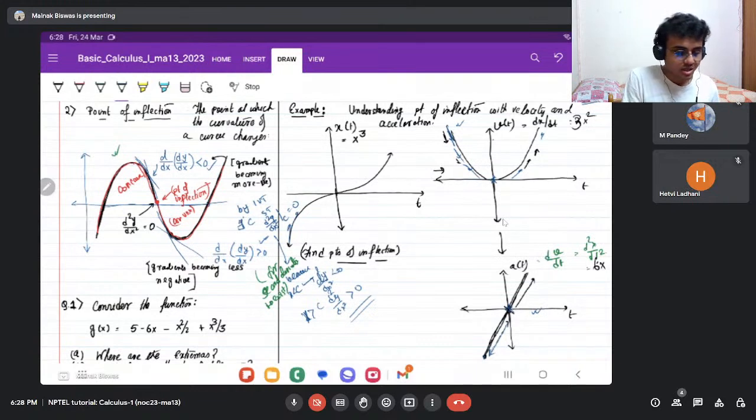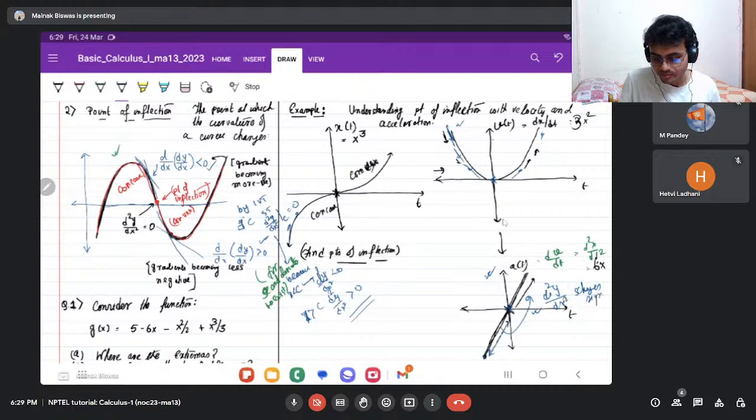And now there is a point of inflection at x is equal to 0. So this is a concave function and this is a convex function, clearly from the curve. So you can see here at this point d2y/dx2 changes sign, right? Agreed?